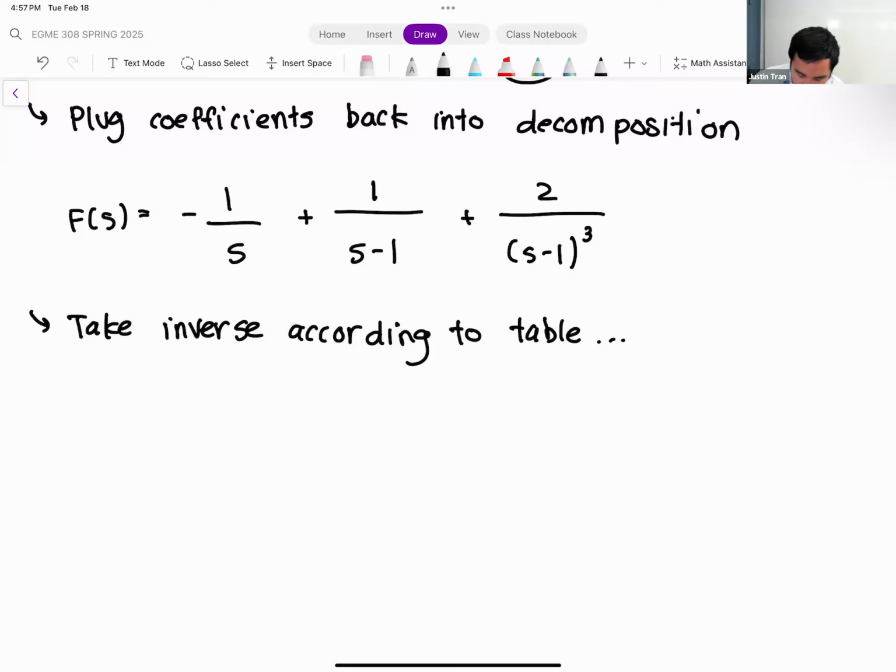And so the inverse Laplace of this is going to be -1. That one's just read straight off the table. I'm accounting for the negative, of course. Next, we have 1/(s-1). This one also can be read straight off the table. And so this is just the Laplace transform of e to the t.